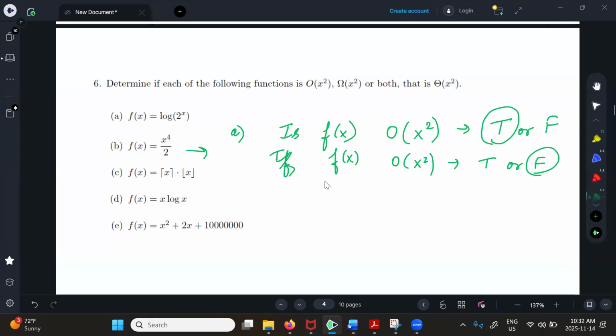Are we understanding the concept of big O, big omega? No, x to the fourth. Oh, are we comparing this? Yeah, we're comparing x squared with part B. It's not big O, right?